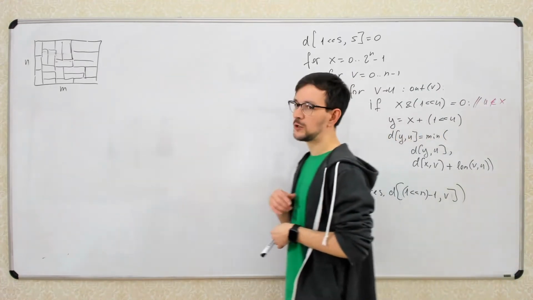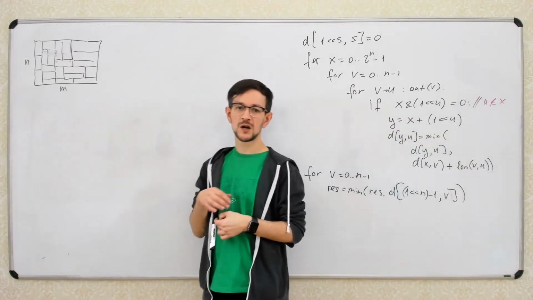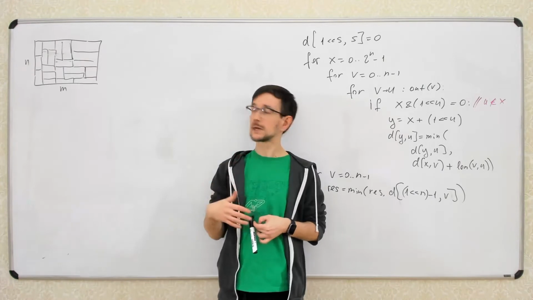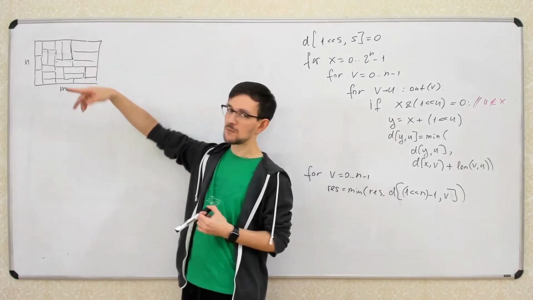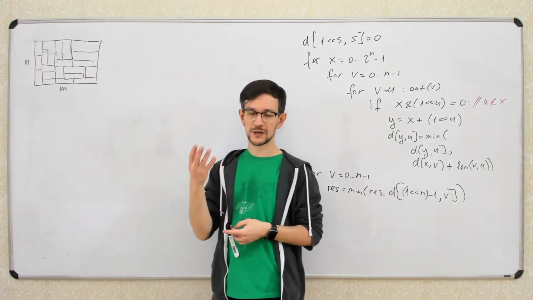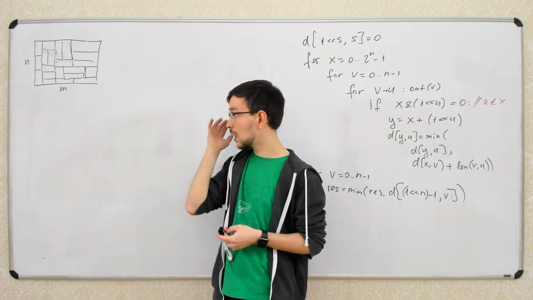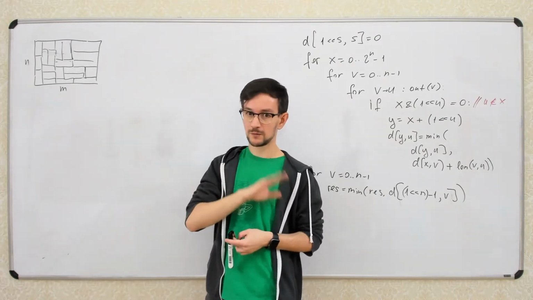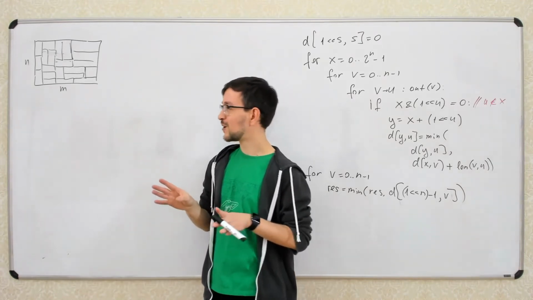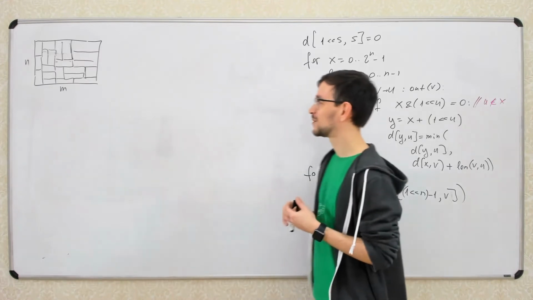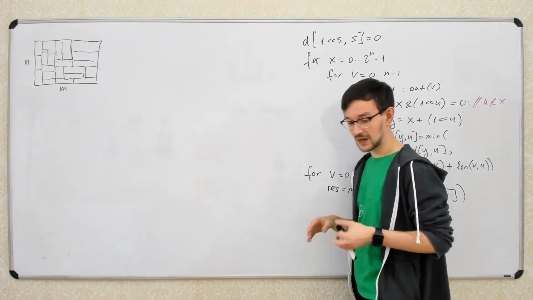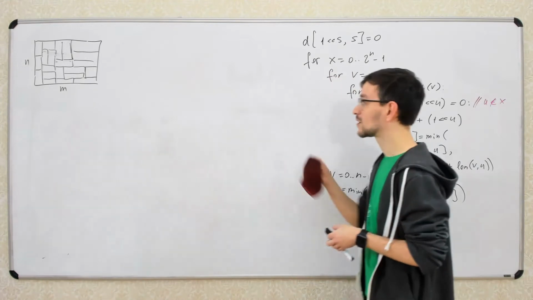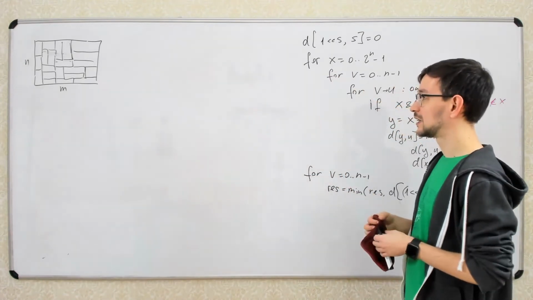And in that problem, you needed to calculate the number of possible ways to fill the rectangle n by m with rectangles 2 by 1. It was one of the most classical problems in Russian programming Olympiad school.